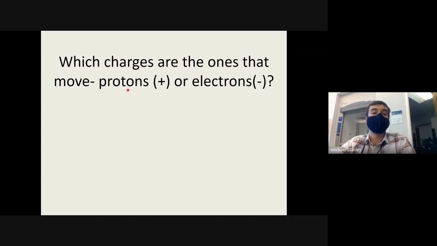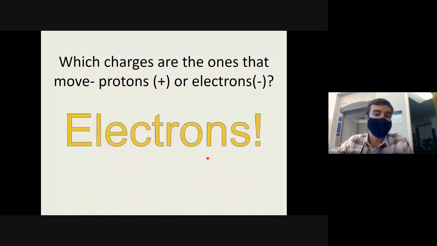Remember, the protons are hanging out in the middle of those atoms. So we talked a lot on Tuesday about how we have the atoms, which have the protons and neutrons clumped together in the middle, and the electrons that are circling around the outside. So it's the electrons that are the ones that are moving. We have all these little negative charges moving along, and that is what's creating our electric current.